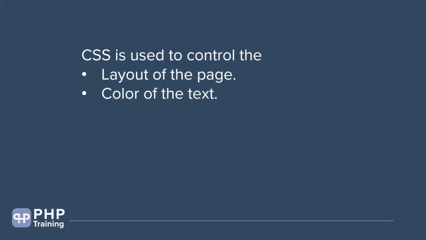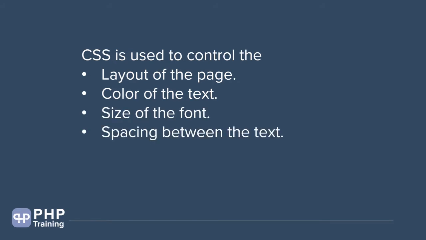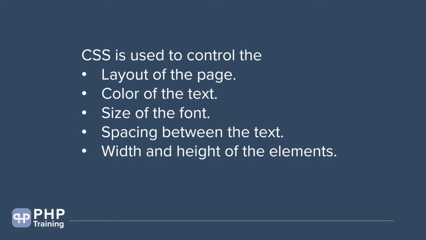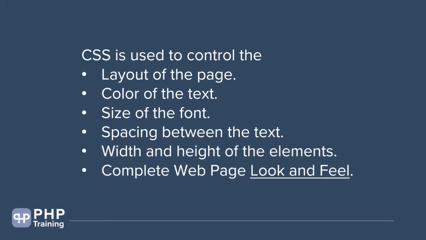Then you can change the color of the text, change the size of the font, and add spacing between the text. You can decide when two elements come together how much space you want. You can decide the height and width of the elements.